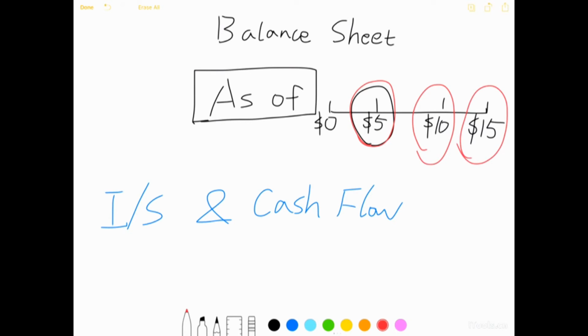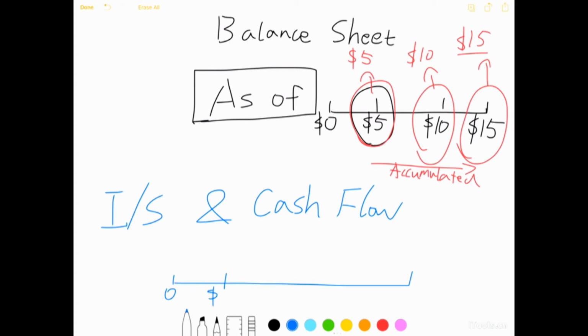As of that period, your assets have a value of $15. As of that period it is $10, and as of that period it is $5, right? As you can see, it's from $0 to $5, from $5 to $10. The value is accumulated over time, and then we just want to know at that point in time how much the value is.